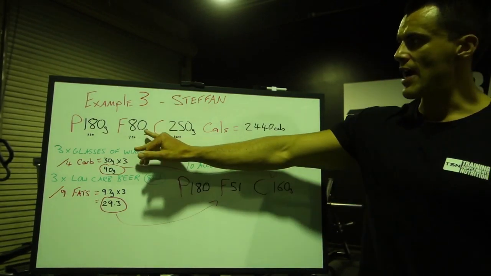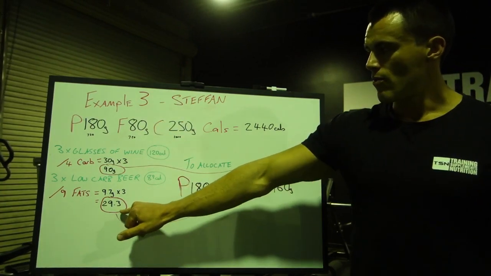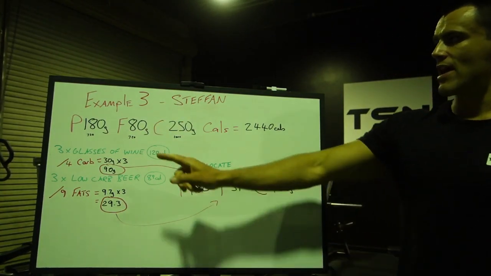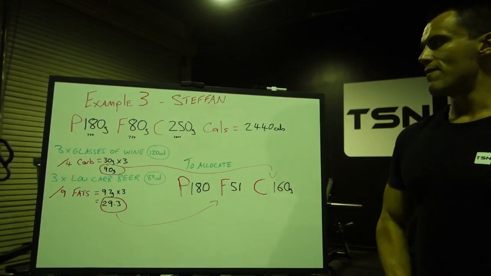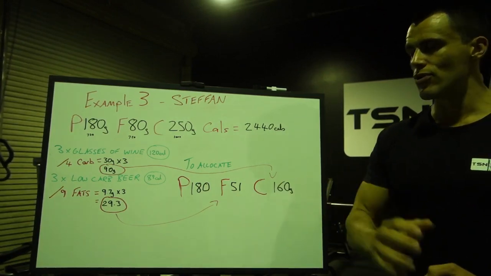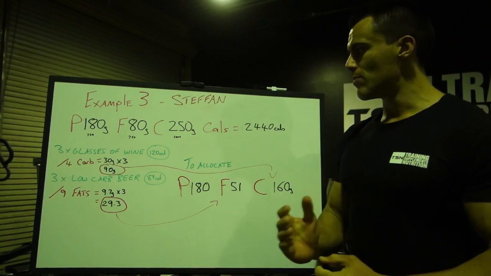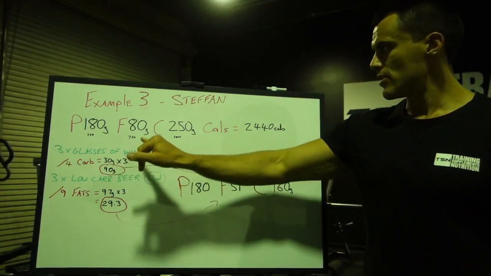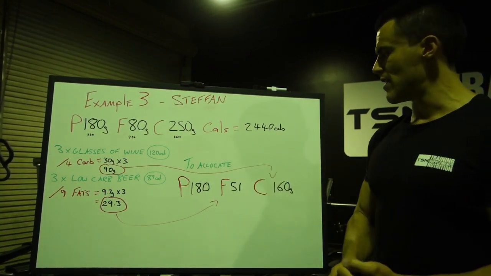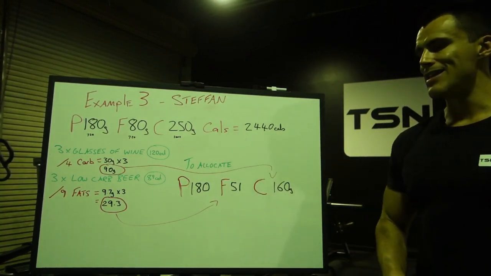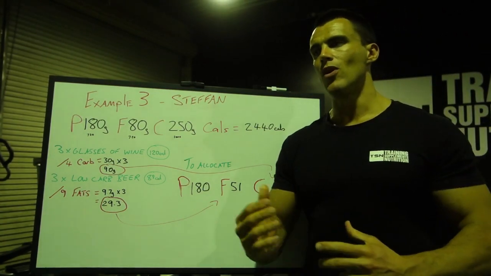So we need to subtract roughly 29 grams from 80, giving us 51 grams of fat Stefan has to consume on the Friday to break even, and subtract 90 from 250 grams of carbs where Stefan normally is, gives us 160 grams of carbohydrates.